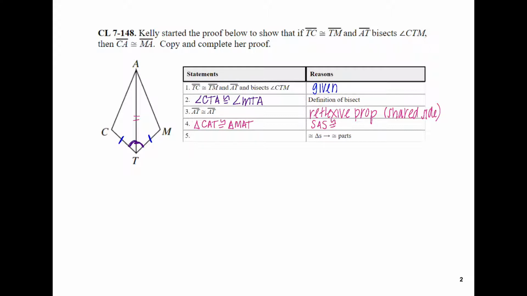And our last and final thing is, if we prove that triangles are congruent, which we did in the previous statement, we know that their parts are congruent. So we can make our final statement that CA is absolutely congruent to line segment MA.